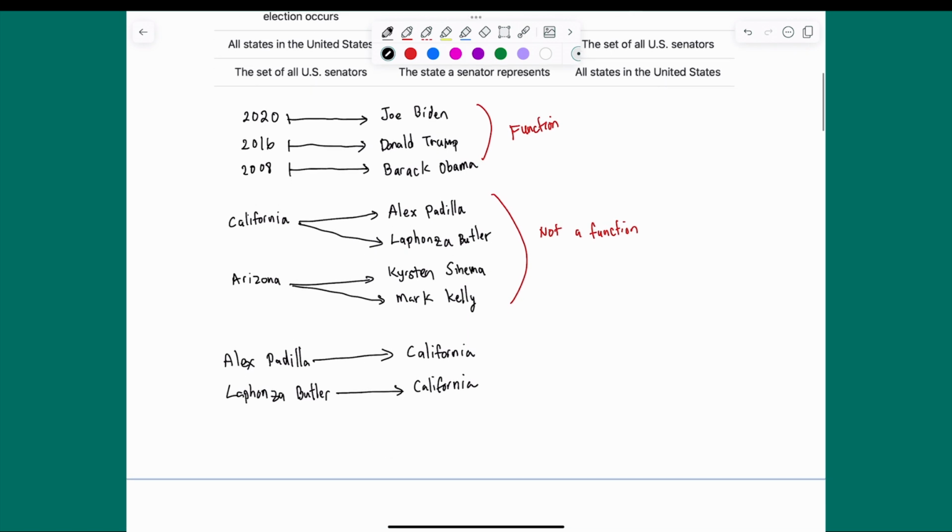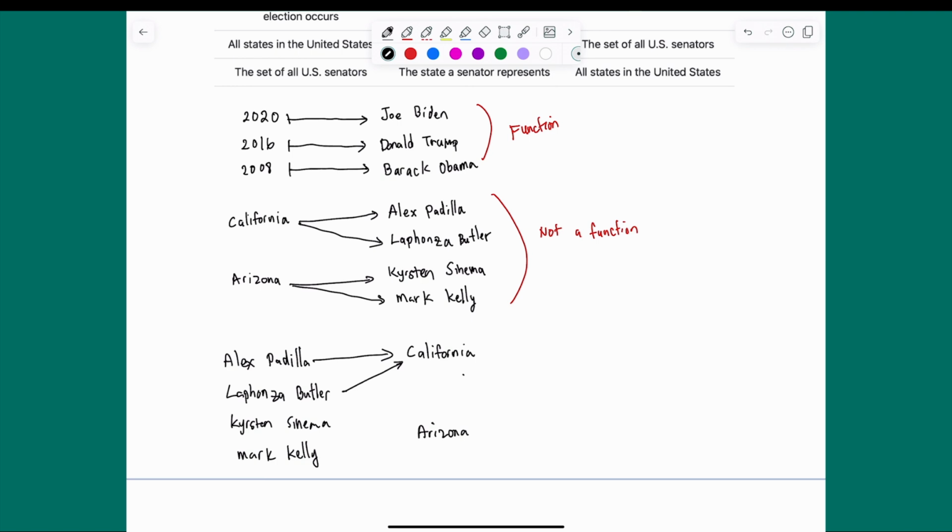Likewise, if we use the other example, Kyrsten Sinema and Mark Kelly, maybe I shouldn't draw it like this. Probably just draw 2 arrows going that way. They would get mapped to Arizona.